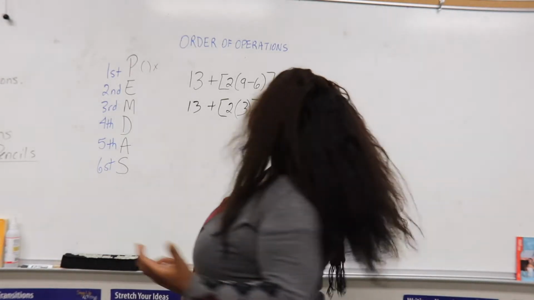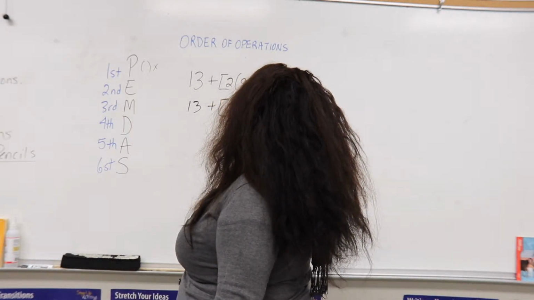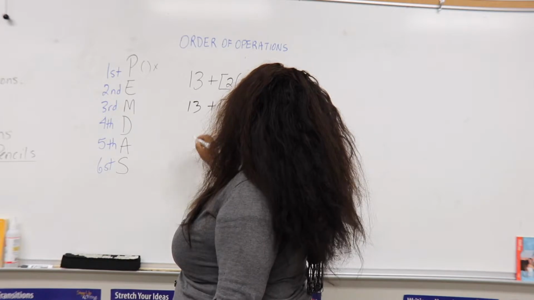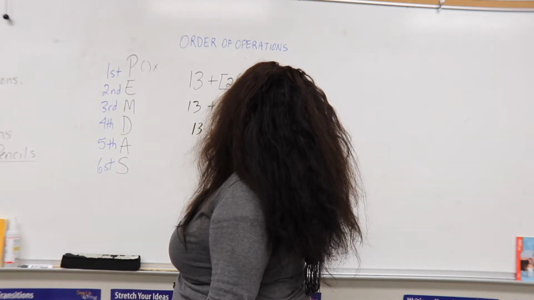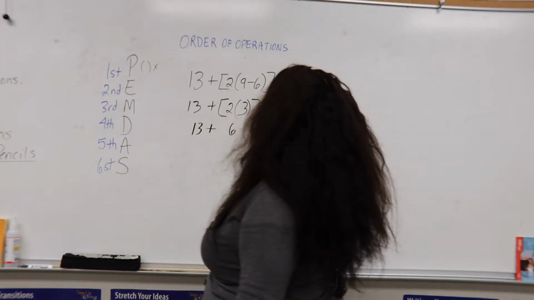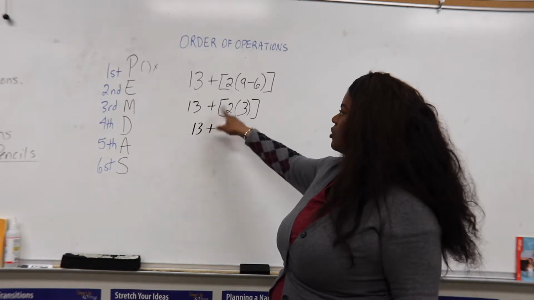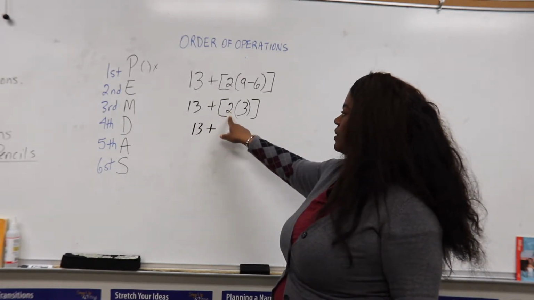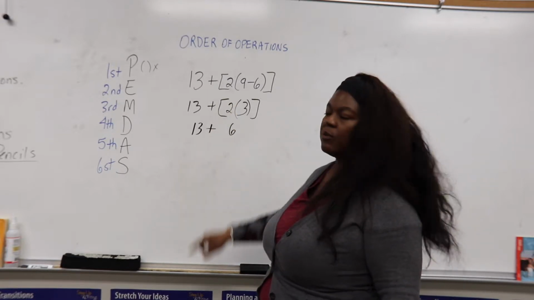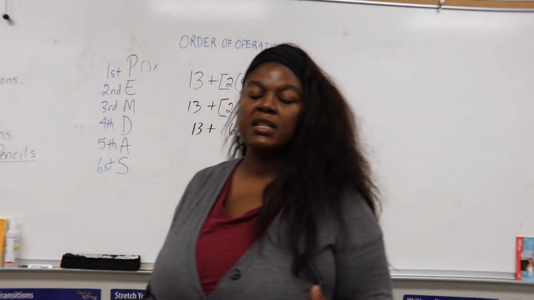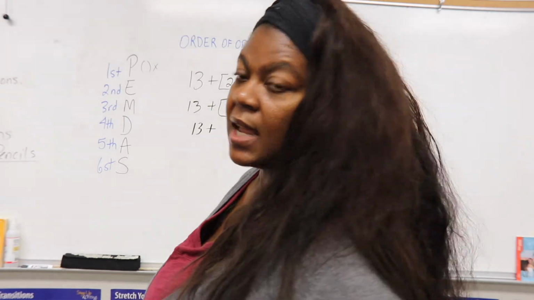So 2 times 3 is 6. There is a plus sign here, so I won't leave the parentheses or the bracket. So now we're just finding the sum of 13 and 6, which is 19.